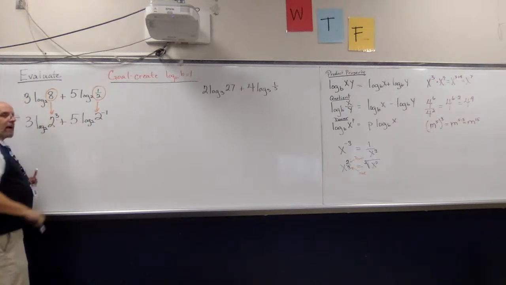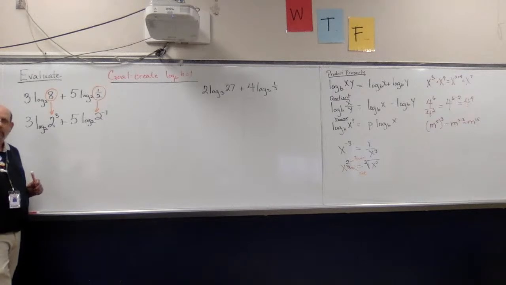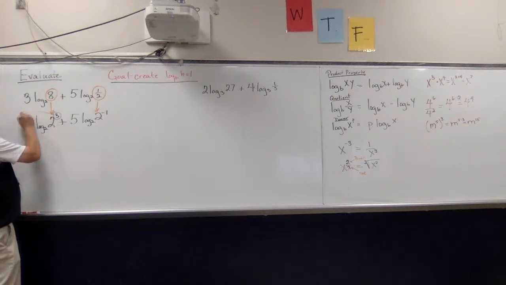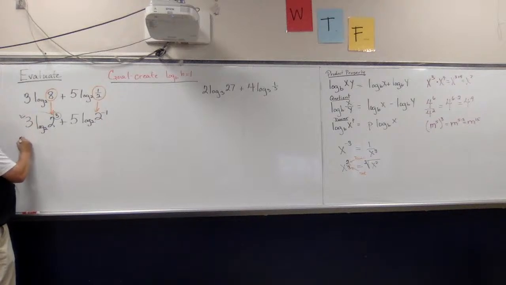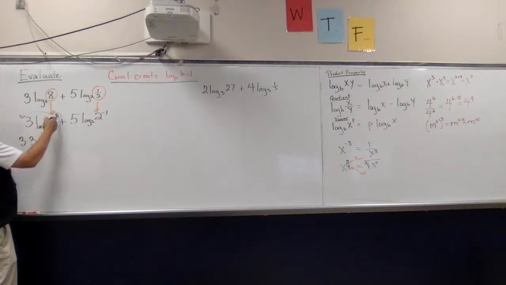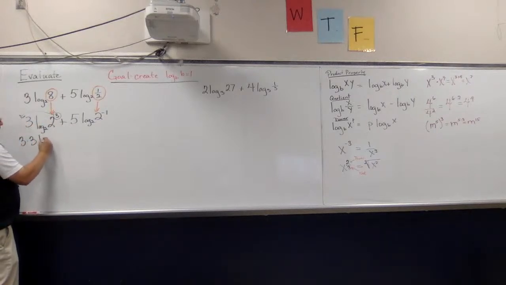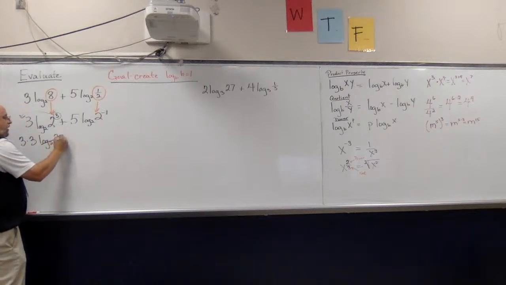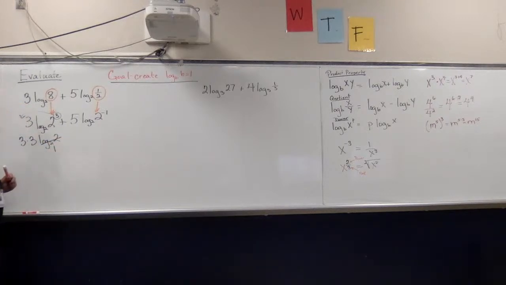Now I can use my power rule and cancel. I take this power, I throw it up front, I rewrite 3 times 3, that's the power 3, times 3 log base 2 of 2. Well, remember, log base b of b equals 1. These two things cancel out and equal 1.